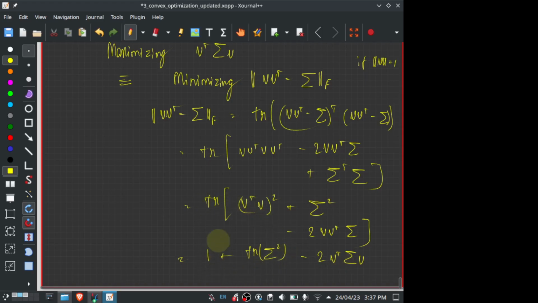So these two are anyway independent of V, and there's a negative sign in front of V transpose sigma V. So minimizing this particular Frobenius norm is the same as maximizing V transpose sigma V.